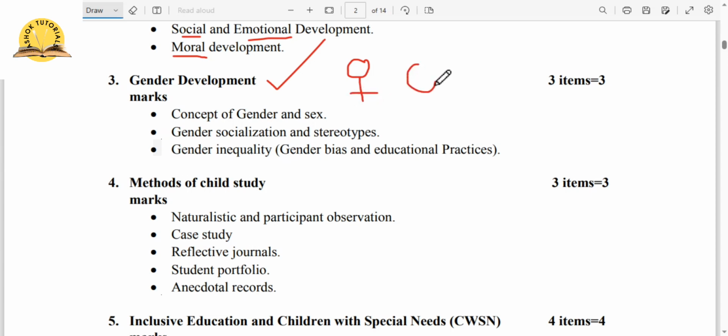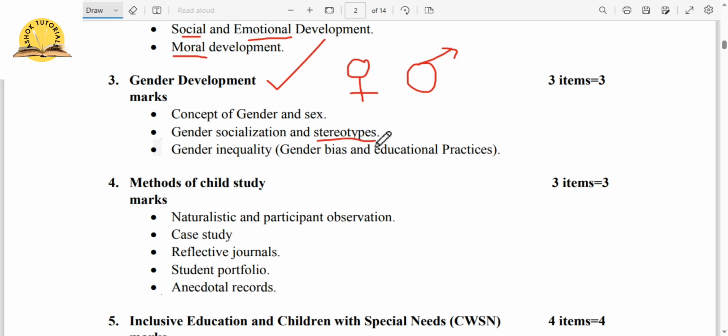So we have to learn the differences between male and female. Then let's see the concept of gender and sex. So we'll learn here the concept of gender and sex. All right, then we will learn about gender socialization and stereotypes. This word stereotype is very important, so you try to read about what stereotypes means.